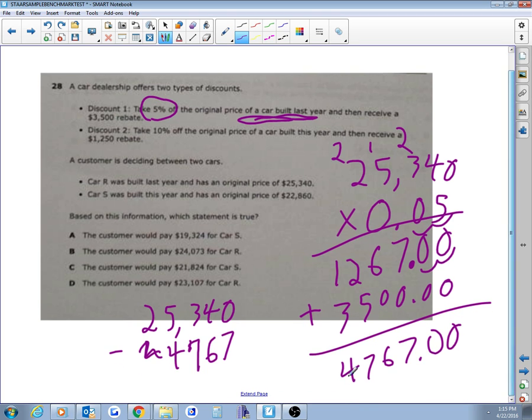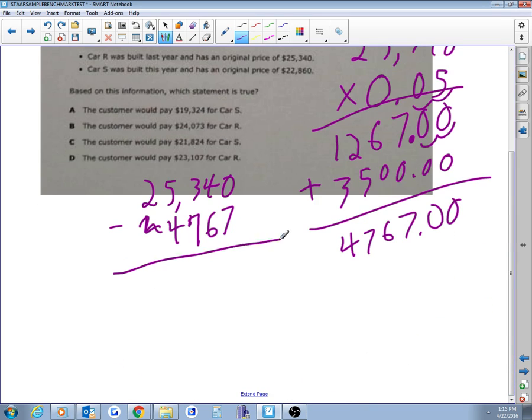If we subtract that, this 4 becomes a 3, this becomes 10, 10 minus 7 is 3, this becomes a 2, that becomes 13, 13 minus 6 is 7, this becomes a 4, this becomes 12, 12 minus 7 is 5, 4 minus 4 is 0, and then we got 2. So the price of car R will be $20,573. So car R, nope. B and D are out.